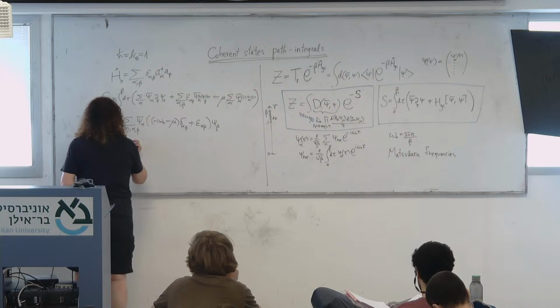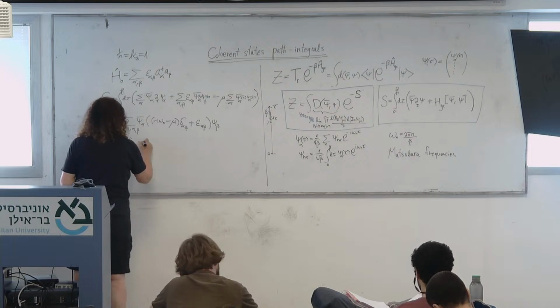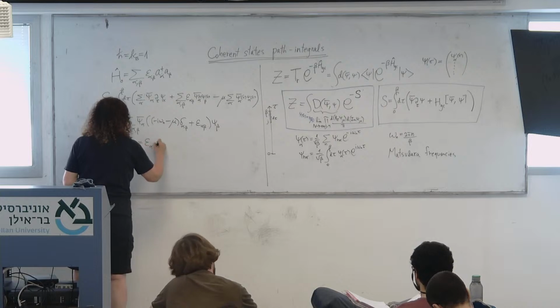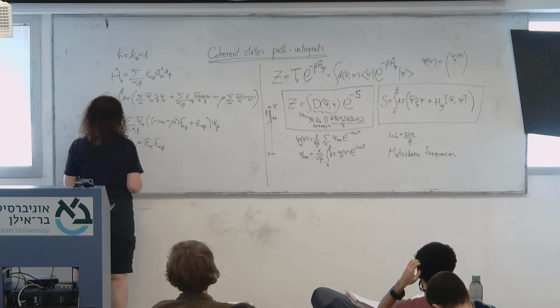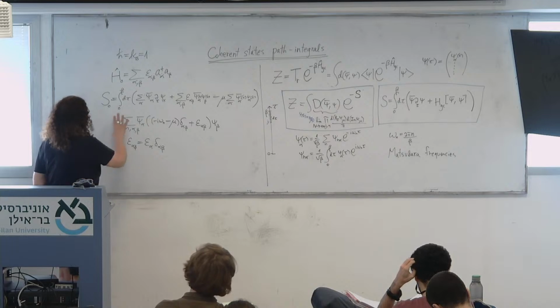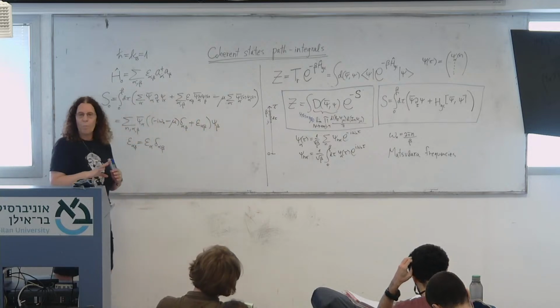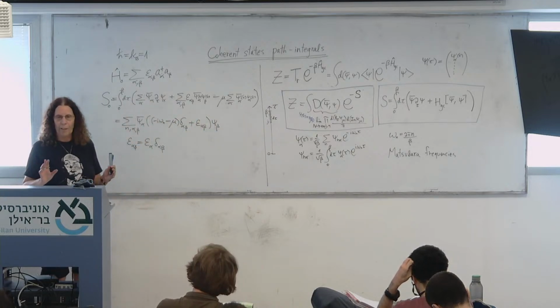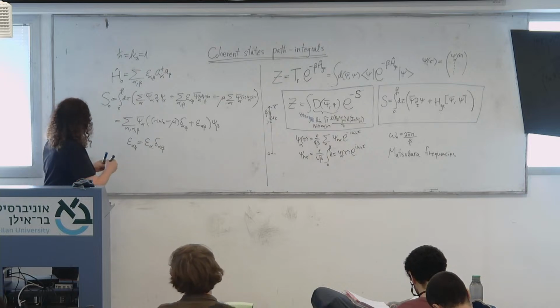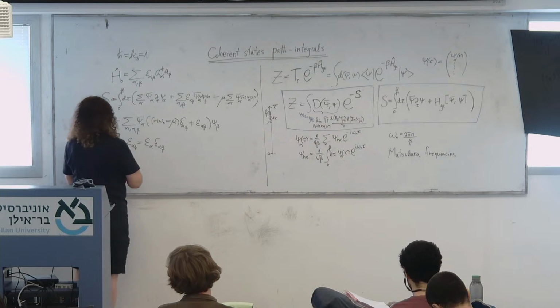So if in addition epsilon alpha beta is actually epsilon alpha delta alpha beta, the whole expression becomes completely diagonal, completely decoupled for each alpha and each n.